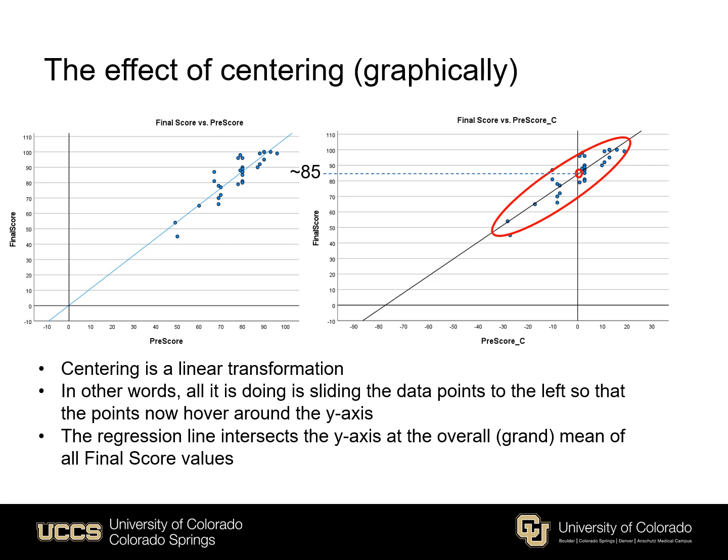So that's a much different interpretation than in prior analyses we've done, where the intercept was the average dependent variable for a specific reference group. Now in the centering situation, it's the overall dependent variable mean of everyone. But the other thing to notice is that although the intercept has changed, the slope is completely unchanged by the centering process.